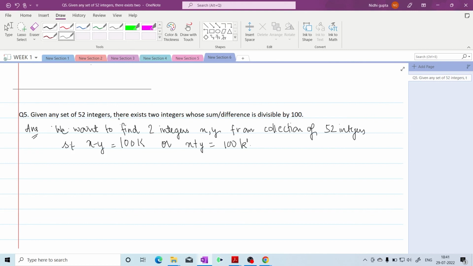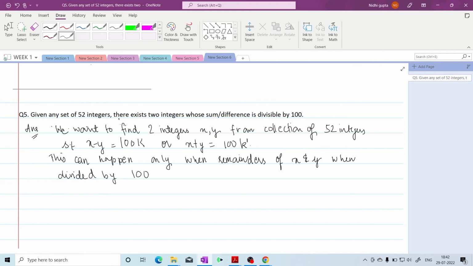This can happen, like the difference of two integers is a multiple of 100, or the sum of two integers is a multiple of 100, only when the remainders of x and y when divided by 100 are the same.